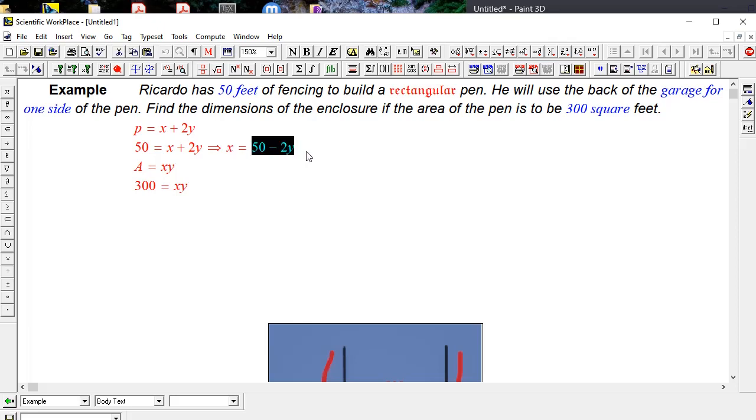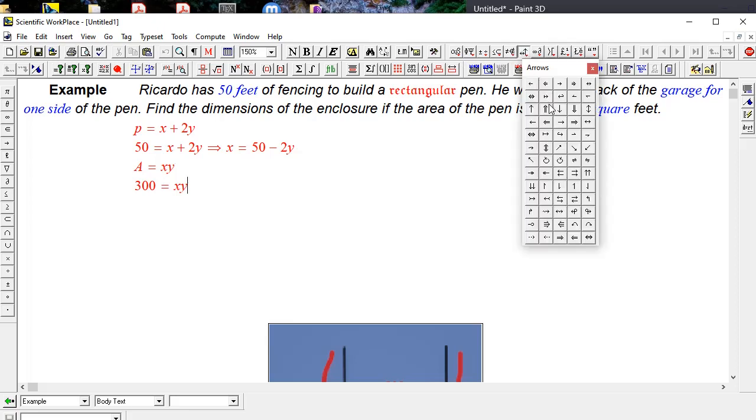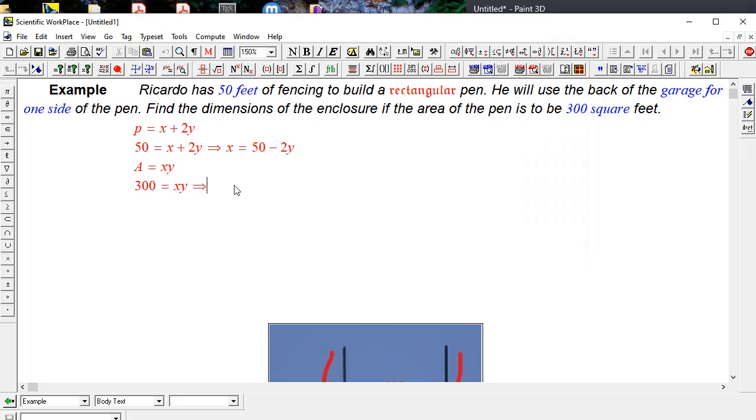Now this value, I'll copy and substitute it in the second equation. It becomes 300 equal to 50 minus 2y, the new value for x, times y. Let me simplify this equation.